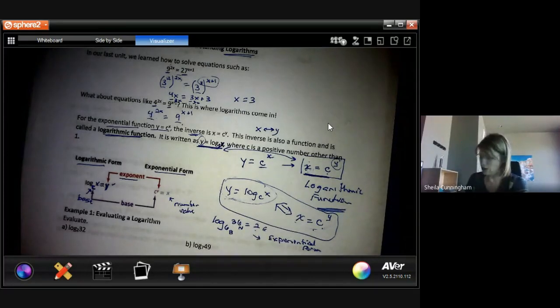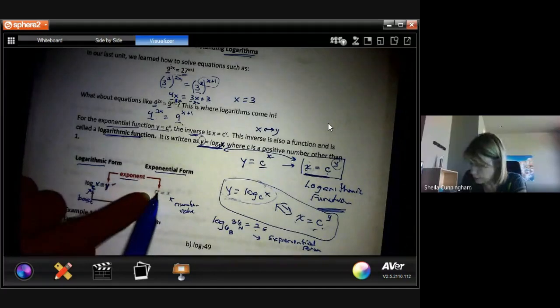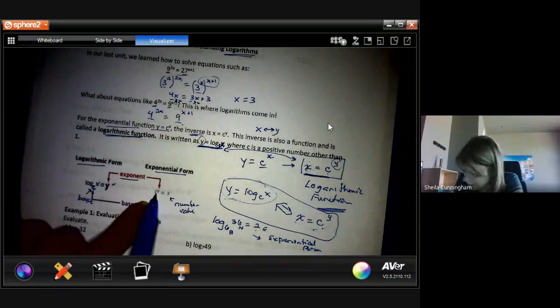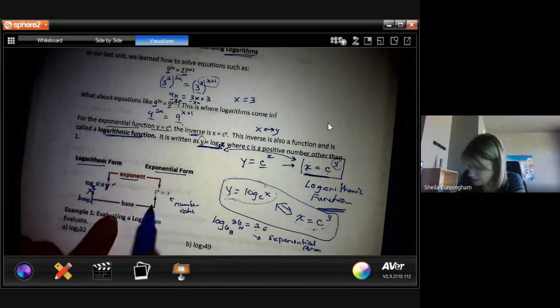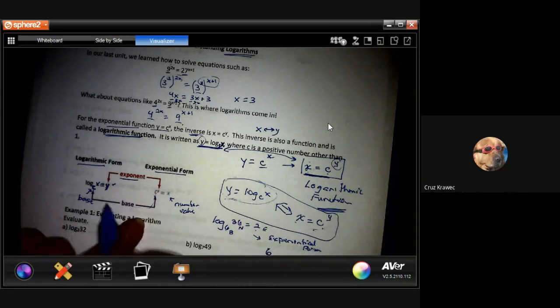If you can identify what each piece of that equation represents, then you can create the exponential form of it, with exponential form being c to the power of y is equal to x, where c is my base. So in this instance, my base is a 6, so I'm going to write my 6 down as my base.